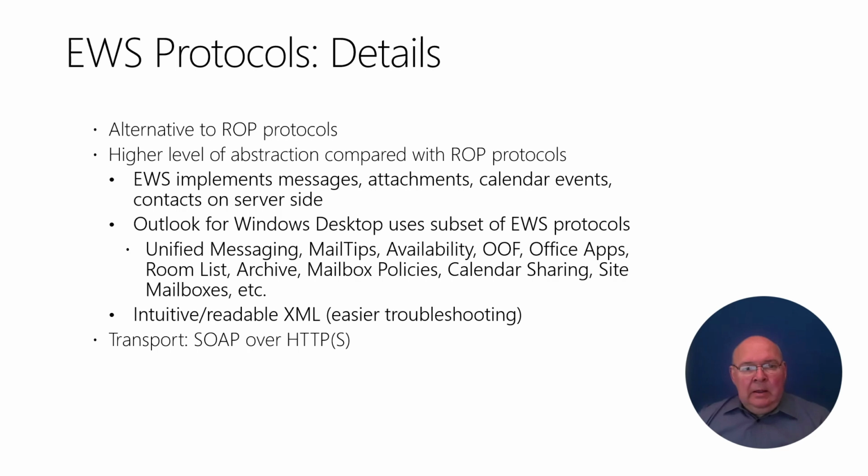Outlook for Windows Desktop uses a subset of EWS protocols for unified messaging, mail tips, availability, Office apps, rooms, archive, policies, and so on. It is intuitive and readable XML, so troubleshooting is easier. And the transport here is SOAP over HTTPS.